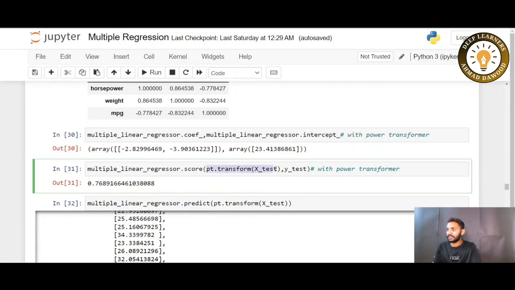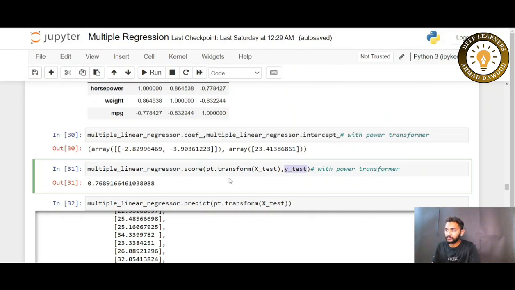I am passing the testing data set, the testing independent variables. Before passing the independent variables, I am transforming them using the same transformer that we have fitted on the training data set.